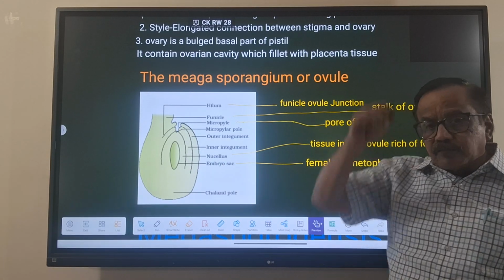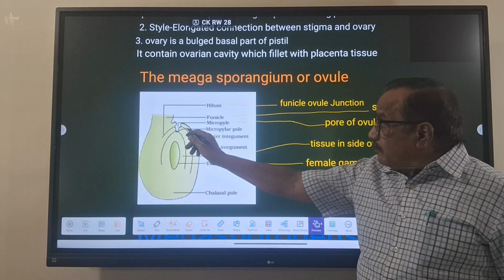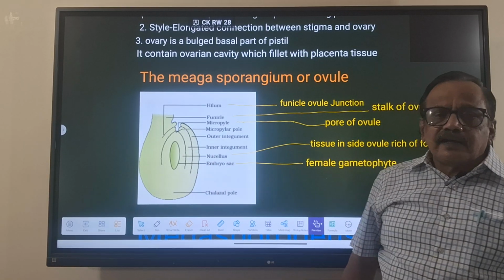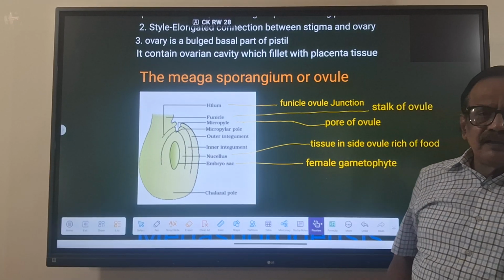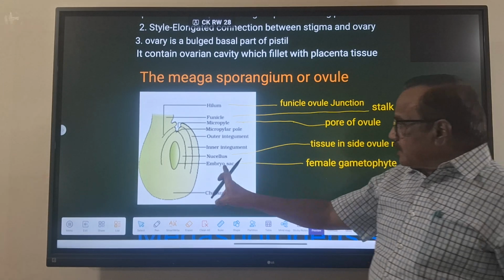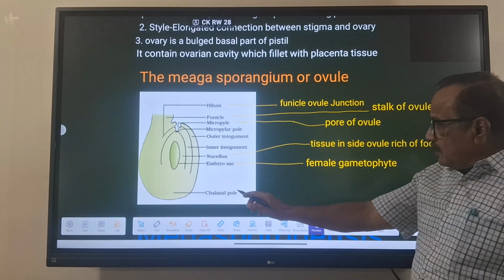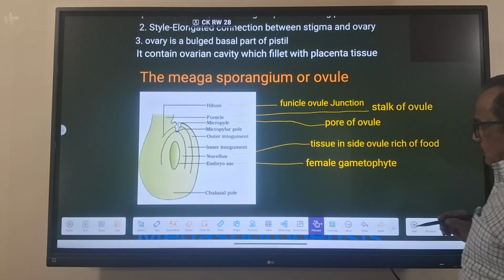In the orthotropous ovule it is vertical, but opposite to the micropylar end is called the chalaza. Chalazal pole, micropylar pole.